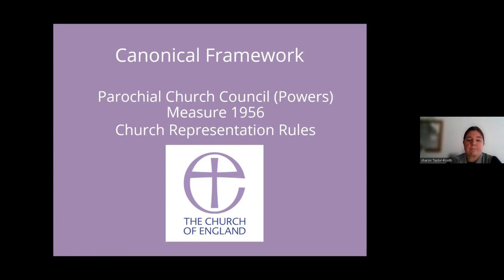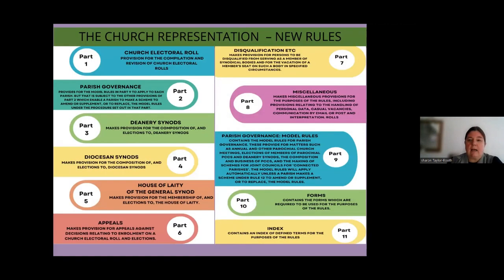But there are 11 parts to the church rep rules, okay? I'm not going to talk to you about all 11 of them, but they are here for you. We'll just brief over them. Part 1 will tell you all about how to run the church electoral roll, who is allowed to be part of the church, etc. Part 2 talks about parish governance.